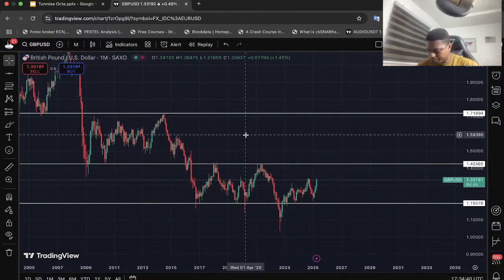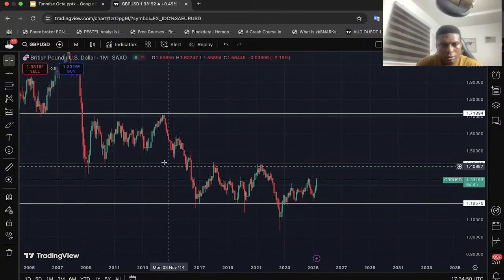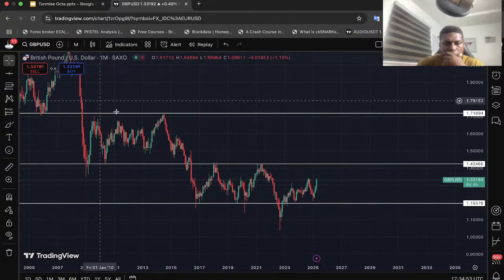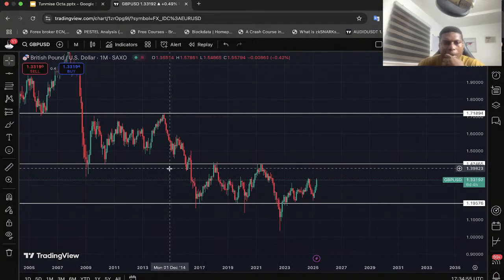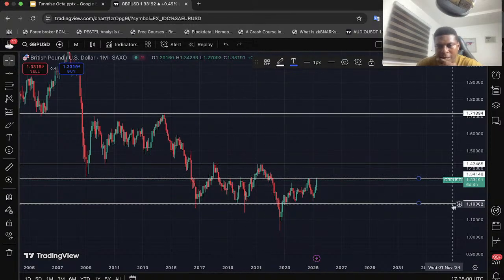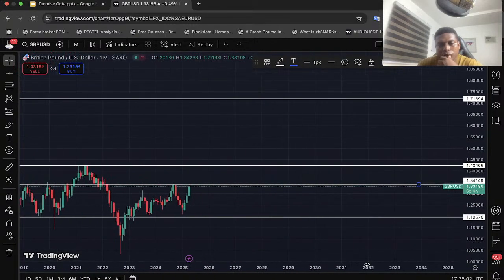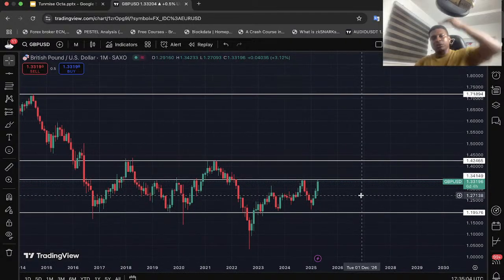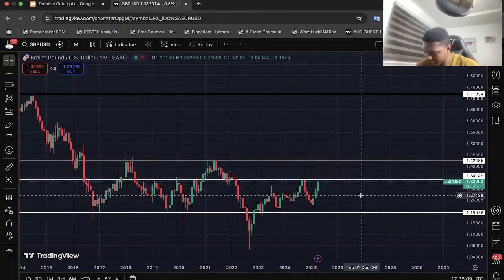Now let's look at where our price is currently seated. When you look at it now, price is currently seated at a minor resistance zone between the resistance level and the major support level and the major resistance level.